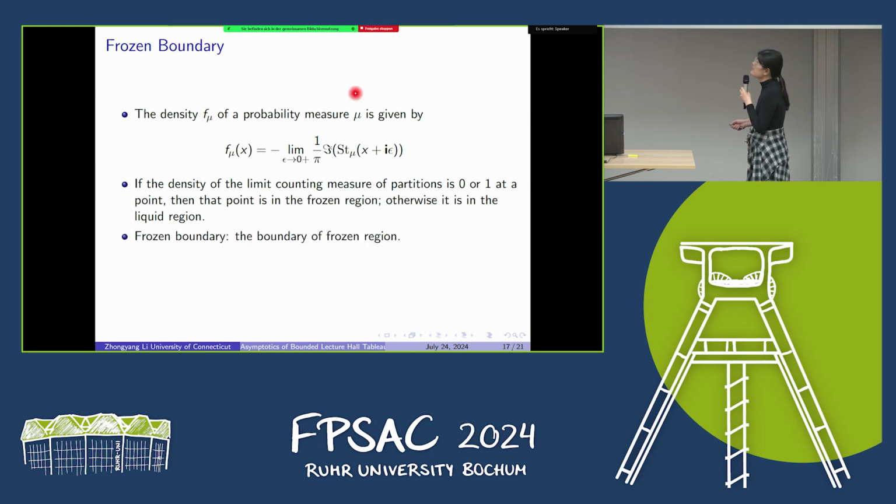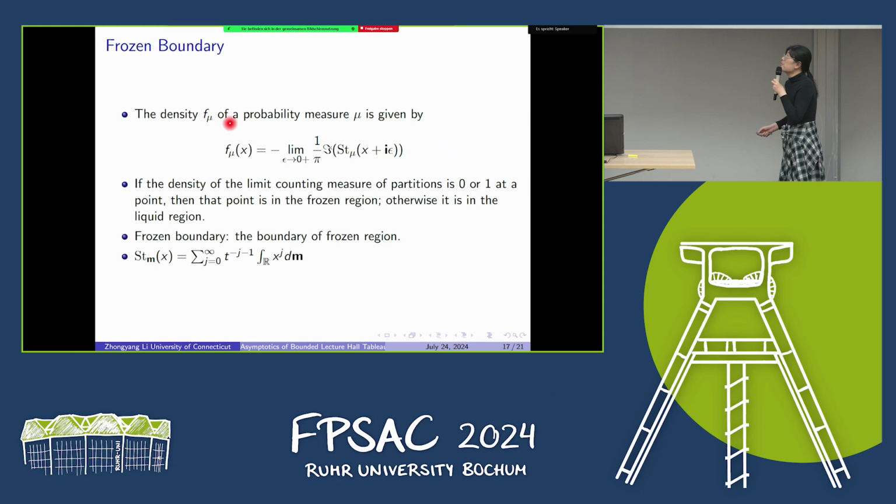Okay, so the frozen boundary is the boundary of the frozen region because we can already compute all the moments of the counting measure. Because we know the moments, we can compute its Stieltjes transform. If we consider the imaginary part of the Stieltjes transform and take the limit, we get the probability measure, and we find the density.